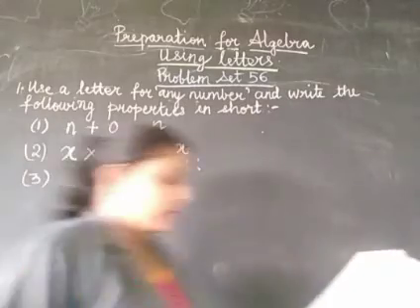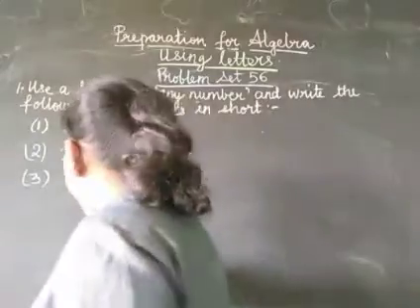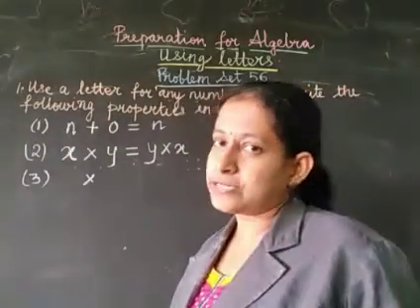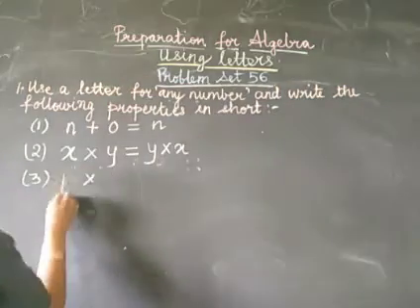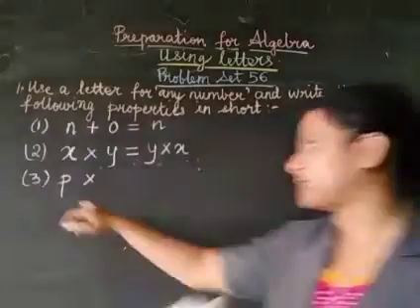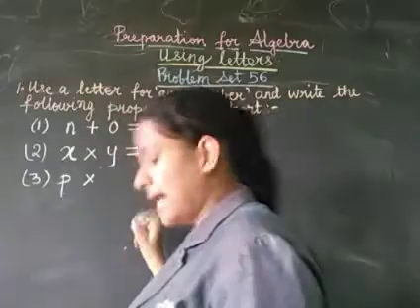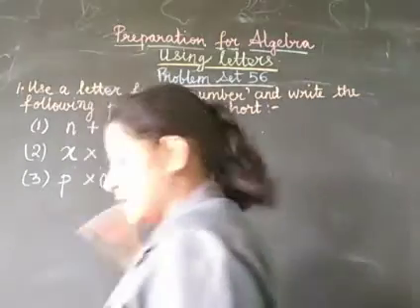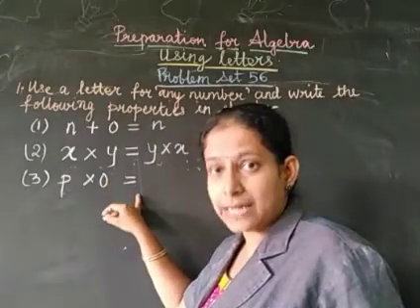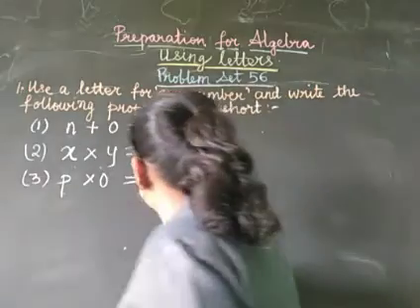Now, the product of any number. First I will write, product means multiplication sign. Any number means I will take any letter. So let's suppose I take the letter P here. So the product of any number, that is any letter I have taken as P, and 0 is equal to 0.